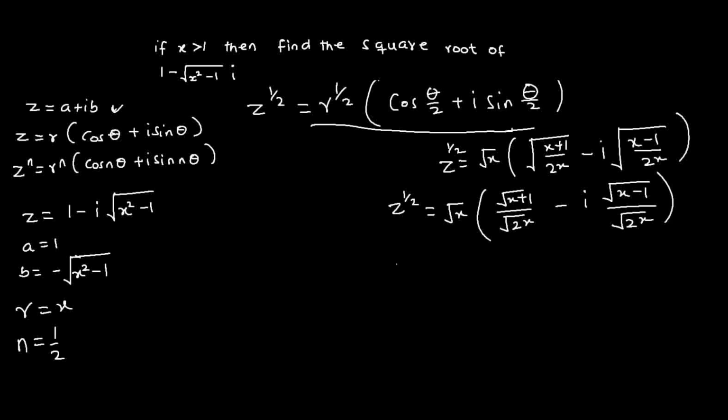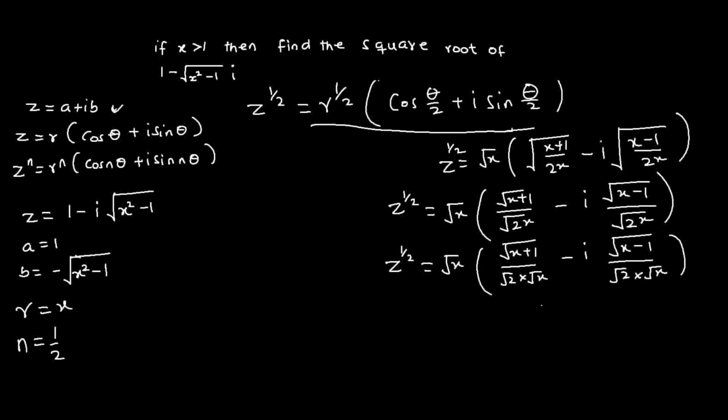Let's further rewrite this in another way. This will give us z to the power half equal to the square root of x, multiplying the square root of x plus 1 divided by root of 2 times root of x, because root of 2 times root of x will give us root of 2x, minus i multiply with the square root of x minus 1 divided by root of 2 times root of x.